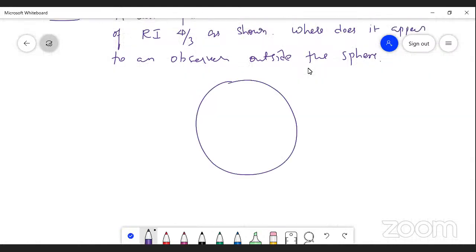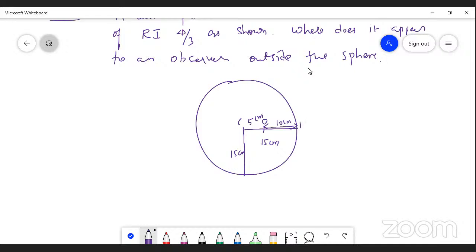The center of the sphere is C. The radius of curvature of the sphere is 15 centimeter. The object is placed at a distance of 5 centimeter from the center of curvature, so this is 10 centimeter from the pole.